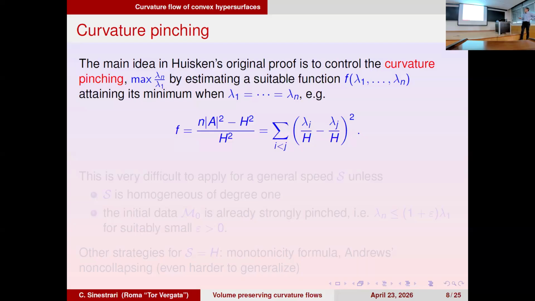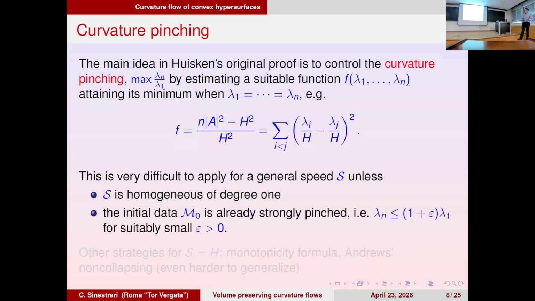This clearly is 0 if and only if all lambdas are equal. And Wiscan estimated from above certain perturbations of this function. And this was the very rough idea of his strategy of proof.